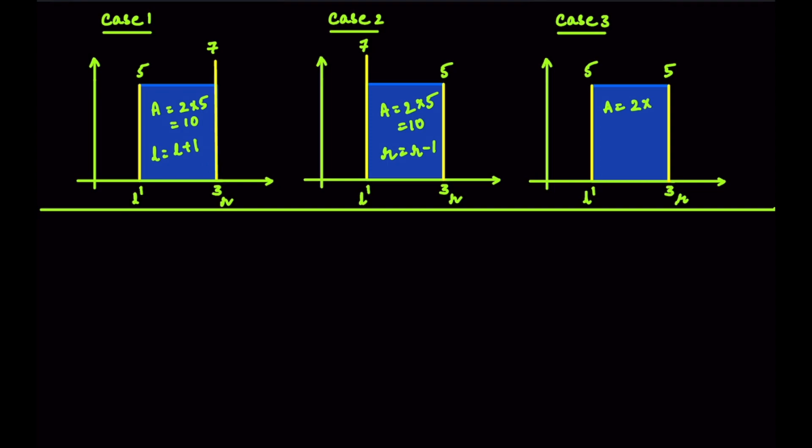Since it is 5 for both, the area is going to be 10. So what are we going to do in this case? We can increment the left pointer by 1 or decrement the right pointer by 1. We can do either. So let's do left is equal to left plus 1.